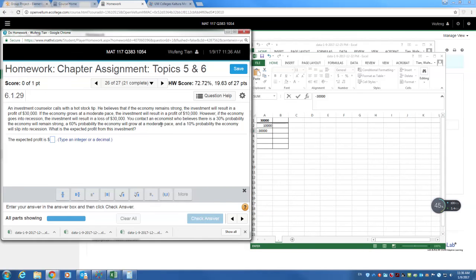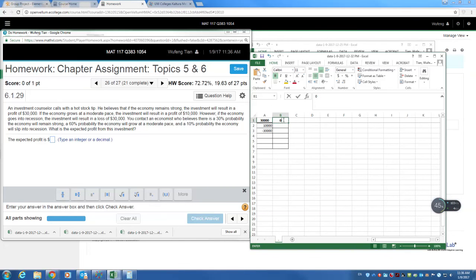The economist believes 30%, so it's 0.3, then 60%, and 10%. So what is the expected profit? You multiply these, drag down, and add them together: $12,000.